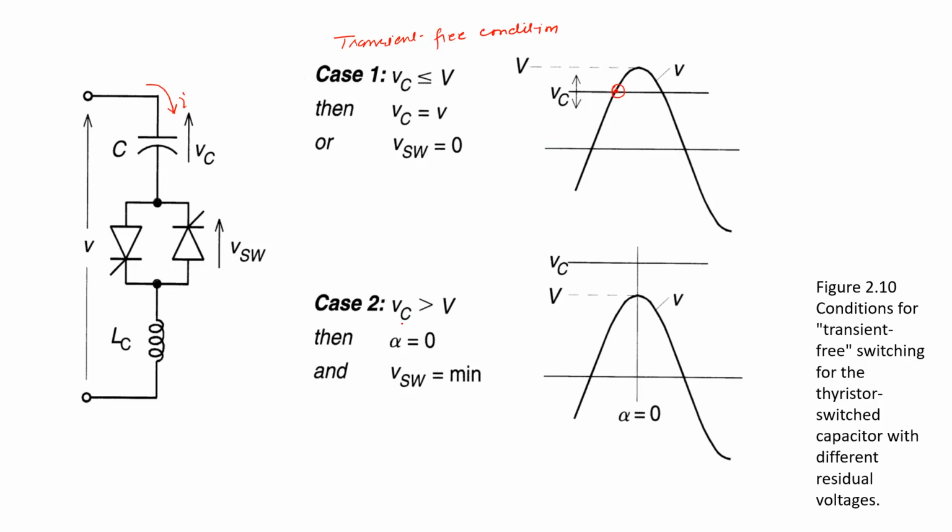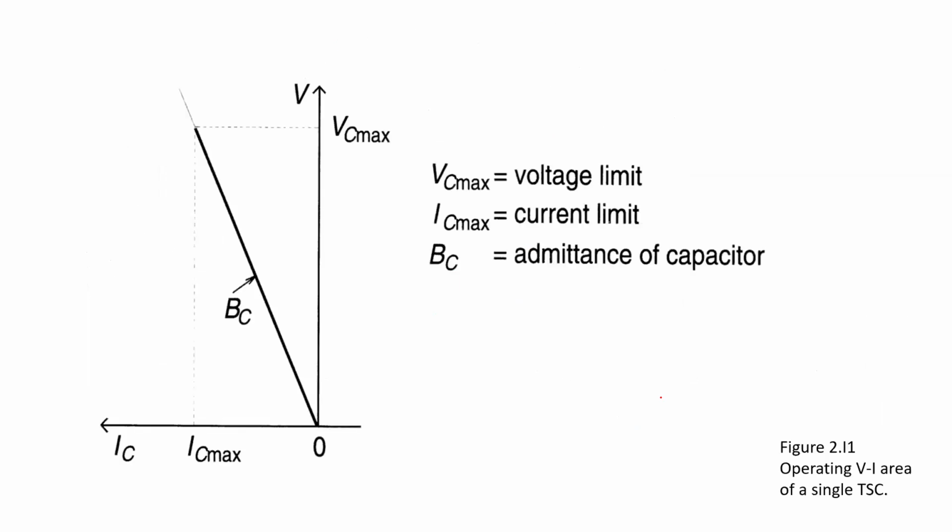The second condition is that the charged capacitor voltage is greater than the system voltage, and the right position is when the voltage passes through its maximum value, with firing angle, the delay angle, equal to 0. So anywhere the delay angle is equal to 0.